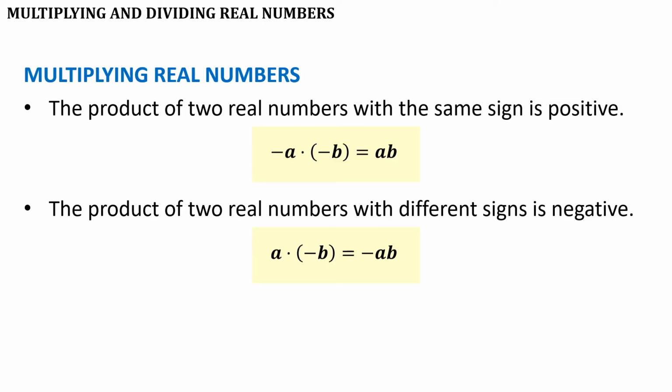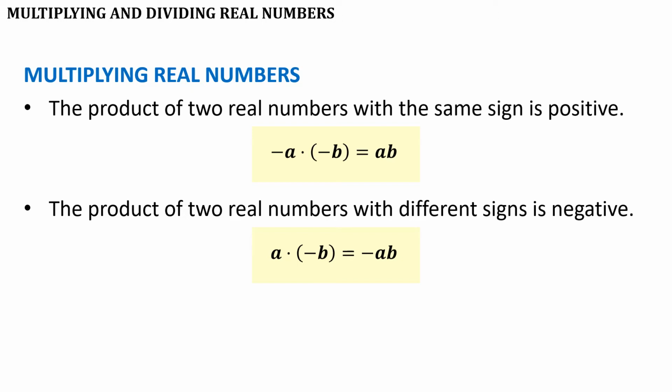So let's start by discussing the multiplication of real numbers. We're going to see this along this lesson, the multiplication of numbers with different signs. When I talk about signs, it means real numbers that are positive and negative.